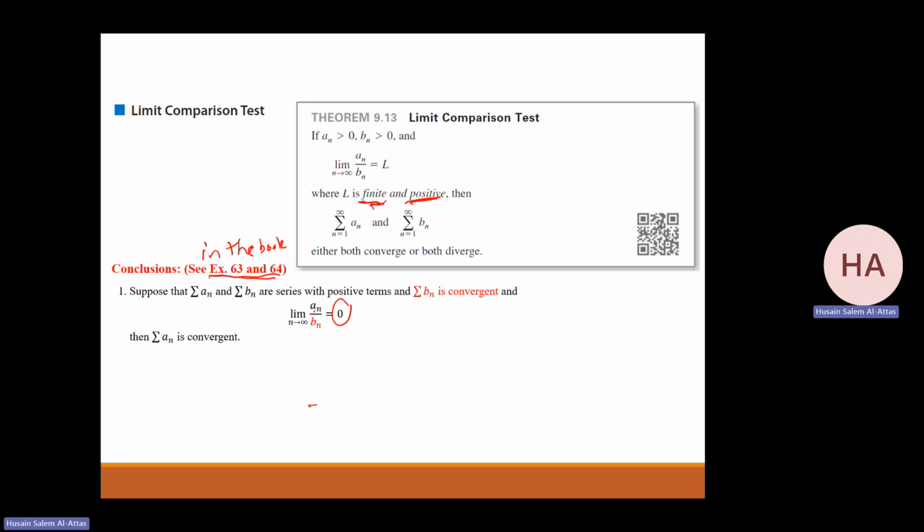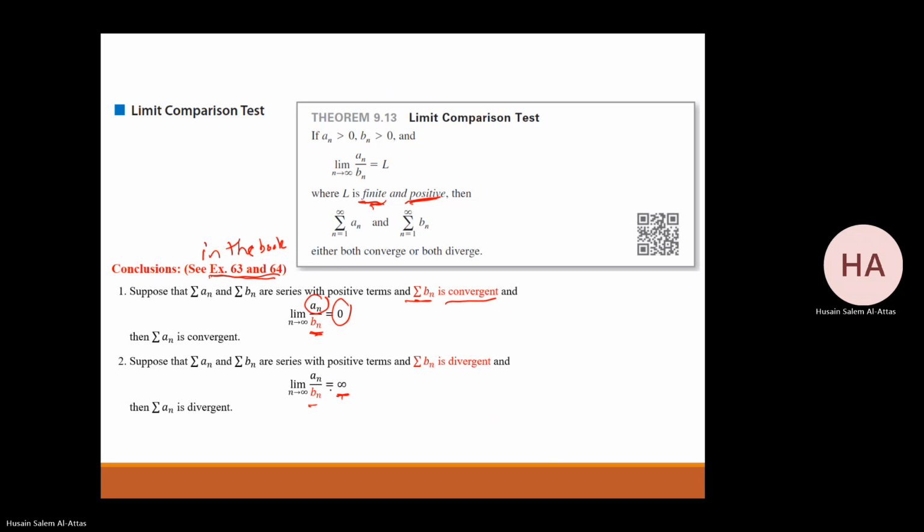If the limit is equal to 0 and the series Bn, the series in the denominator, is convergent, then the one in the numerator converges. Not only that, we also get infinity the other way. If the series in the denominator diverges, then the series in the numerator diverges.